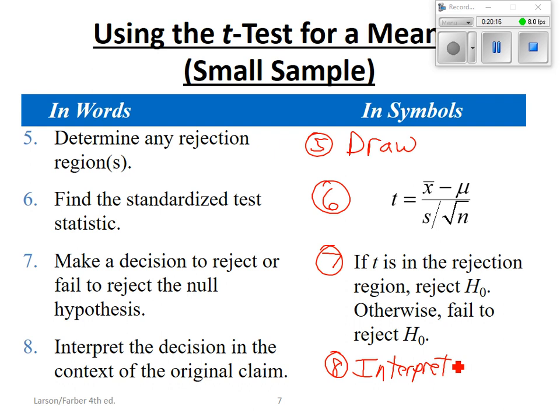Same thing over and over again, just that little change each time on the standardized test statistic that you're testing. Again, I'll rewrite this. That's x bar minus mu on top. On bottom, it's s over the square root of n.